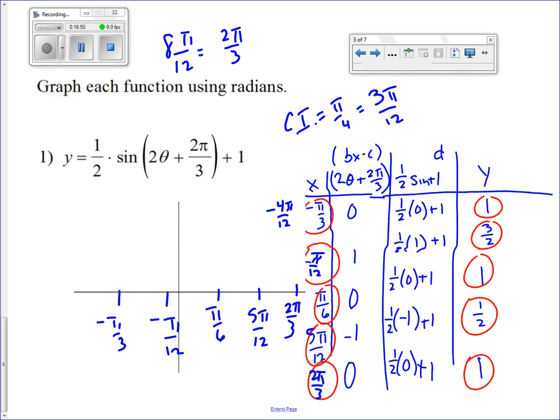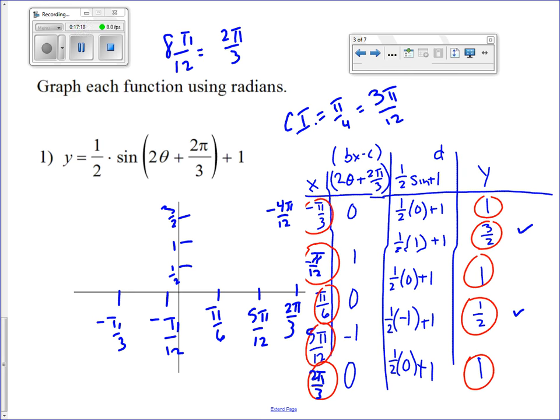Now on the y-axis, my highest value is 1.5, and my lowest value is 1/2. So everything's going to be in the first and second quadrant. So I'm just going to count by halves. Okay, and I'm just making my graph fit my chart.